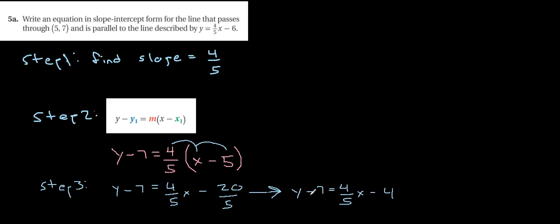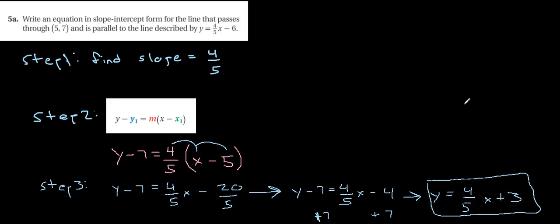Now the last part is to add 7 to both sides of the equation. So add 7 here and add 7 there, and what I find is y = 4/5x + 3. Now I have the parallel line written in slope-intercept form.